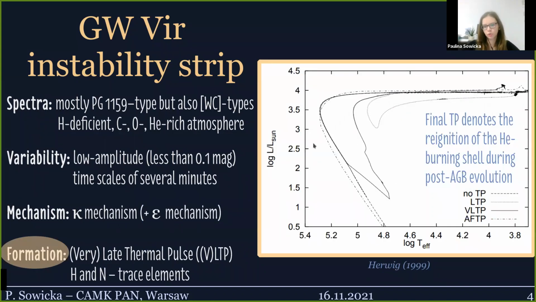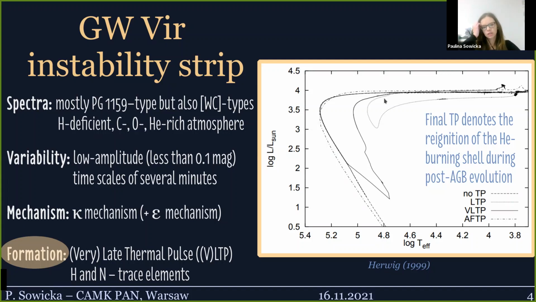These stars are thought to be formed due to a born-again phase, which means that the final thermal pulse of this post-AGB star happens either, as shown with this dotted line, in the post-AGB stage, when the hydrogen burning is still active and the star loops back, or the other way is the very late thermal pulse that happens when the star is already on the way to the cooling sequence, and the solid line shows this track.